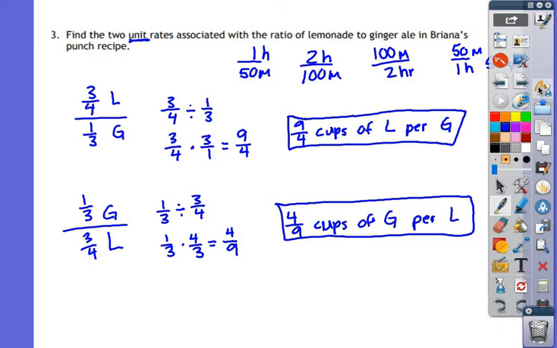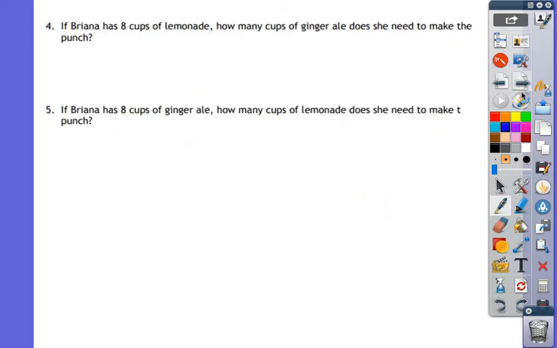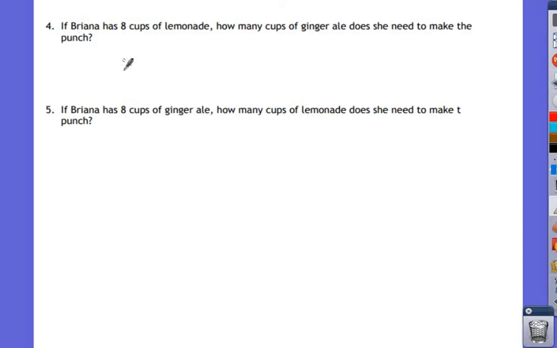And she has the lemonade. So 4/9 is going to be my magic scale factor number. And scale factors, remember scale factors are multiplied. So I have my 8 cups times my scale factor, which was 4/9. And whole number times top, so that gives me 8 times 4, 32.